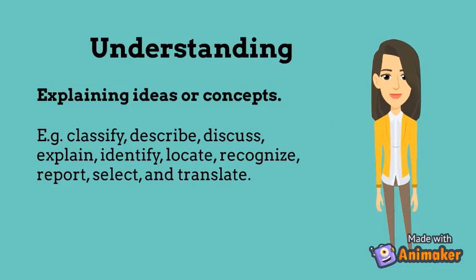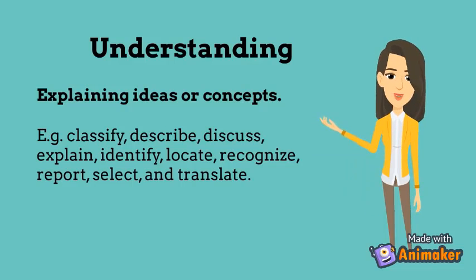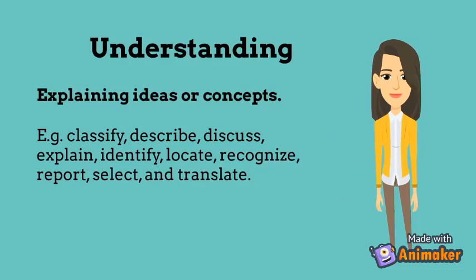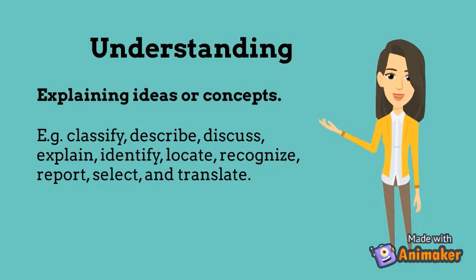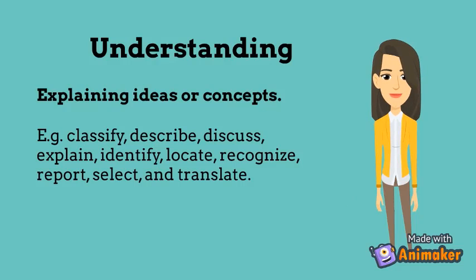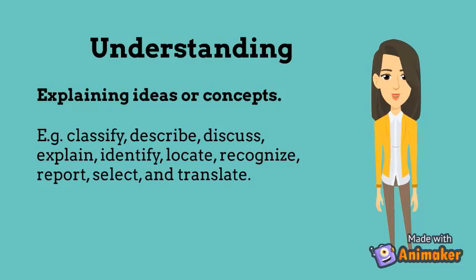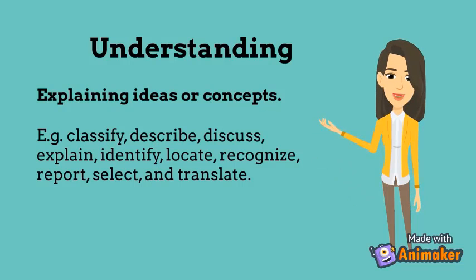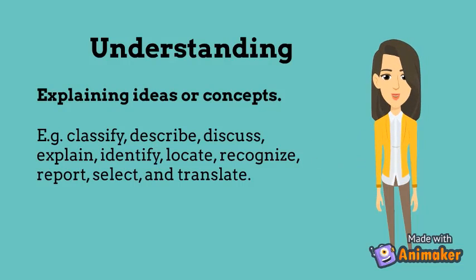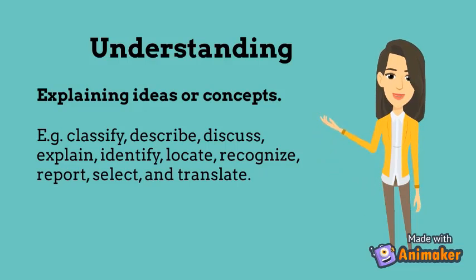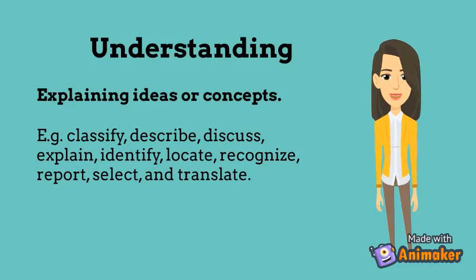In middle order thinking skills, the understanding process can be defined as explaining ideas or concepts. So, you will know if our students understand the lesson material when he or she can explain the ideas or the concept of that lesson material.